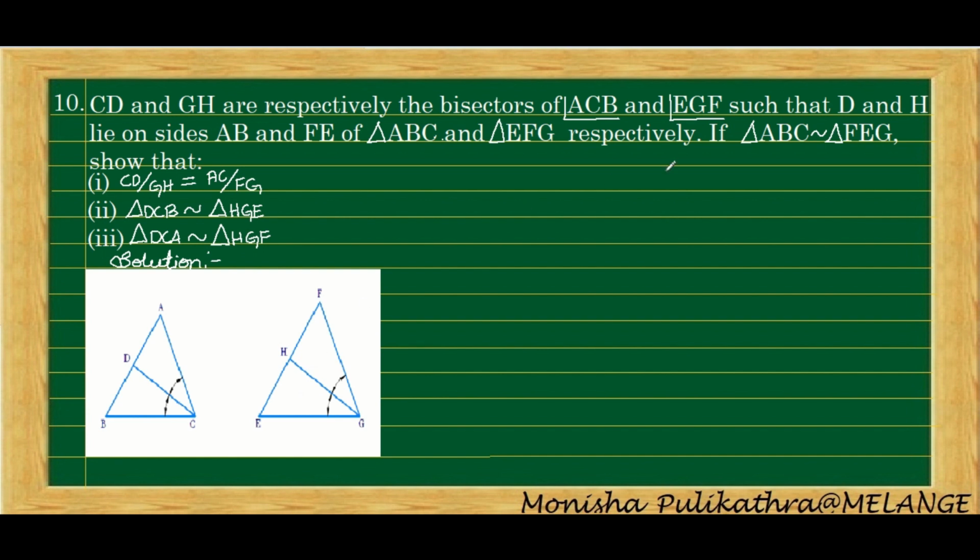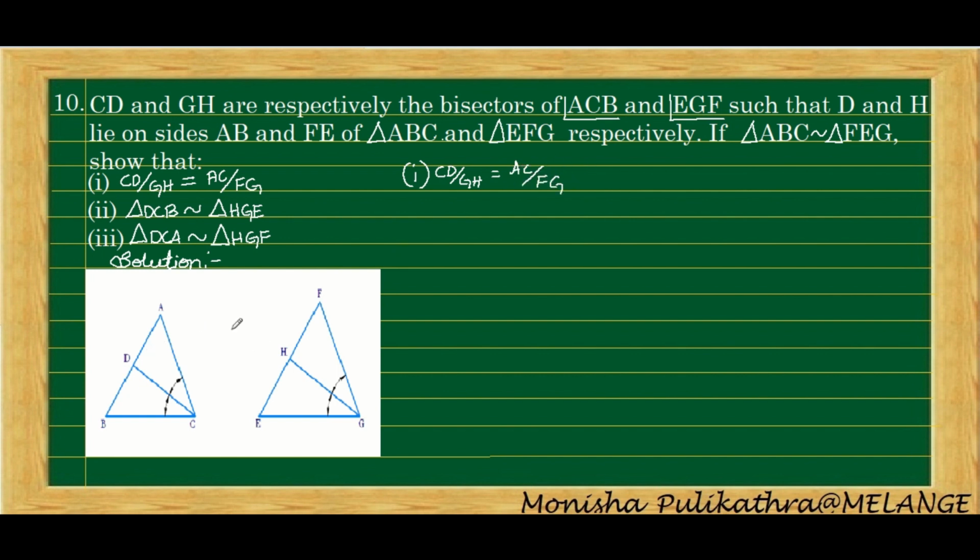They have already given that triangle ABC is similar to triangle FGH. So we need to prove three things. First, CD by GH is equal to AC by FG. This is the thing we need to prove. So let us write that. CD by GH is equal to AC by FG.